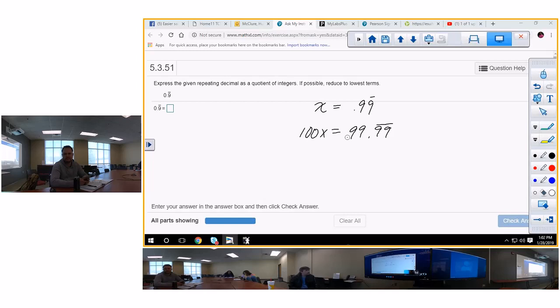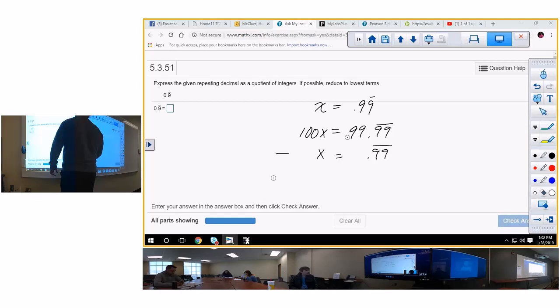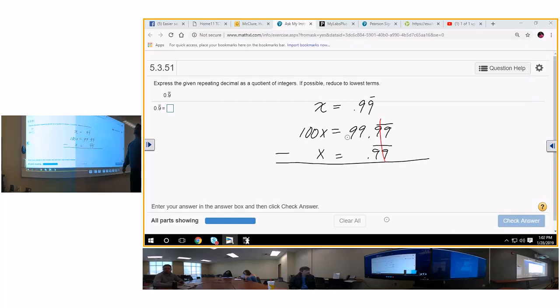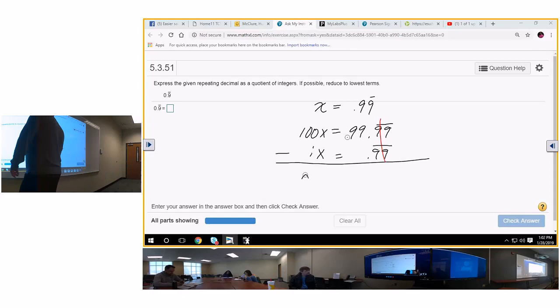I'm going to subtract this one, x equals 0.99 repeating. And what happens to the repeating nines? What's 99999 minus 99999? That goes out. It's 99. And what's 100 minus 1? 99. 99x is equal to 99. X is equal to 1.